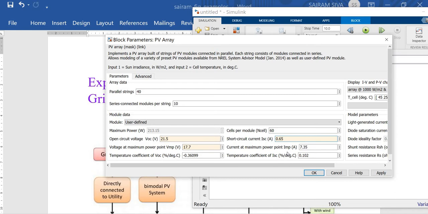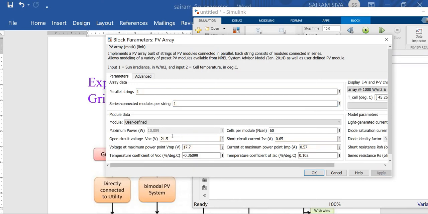Again, the current at maximum power point is 0.57. So these are the values we need. One panel has these values. Now click apply.